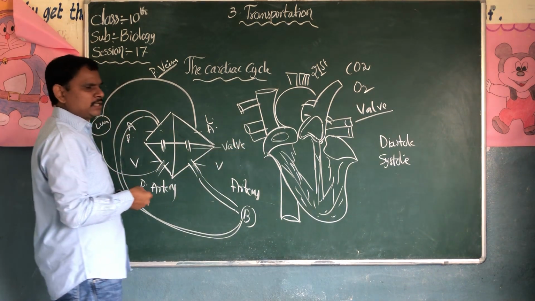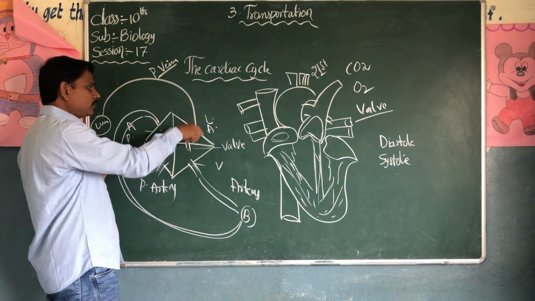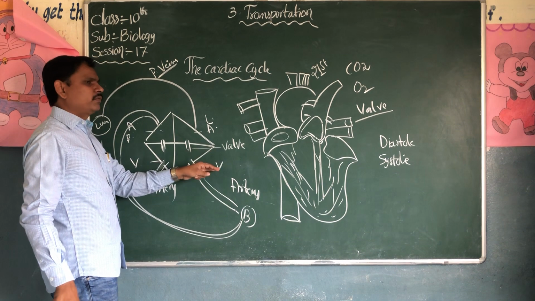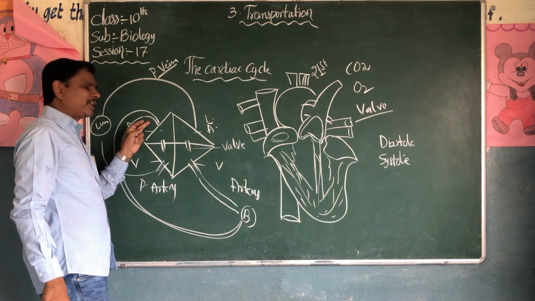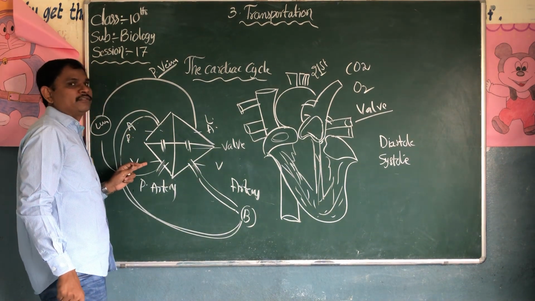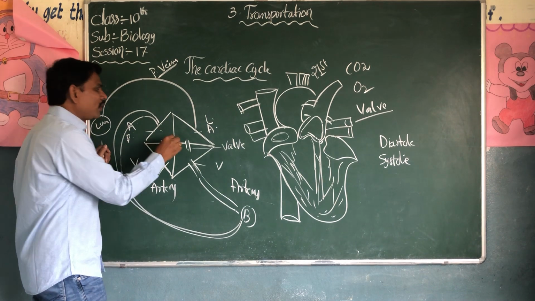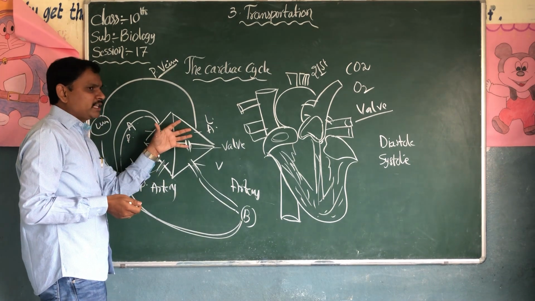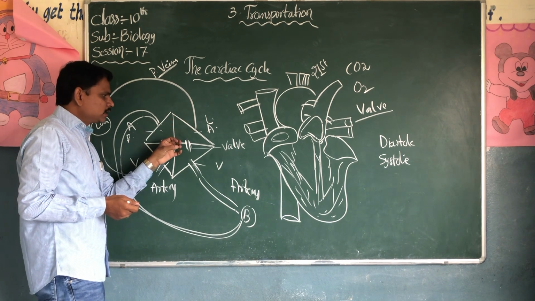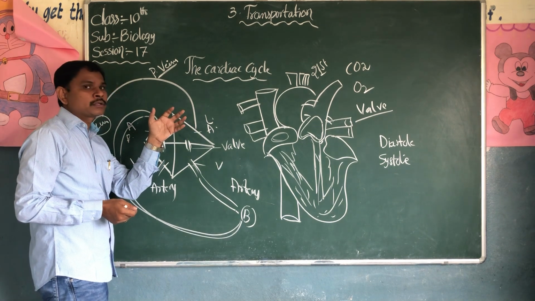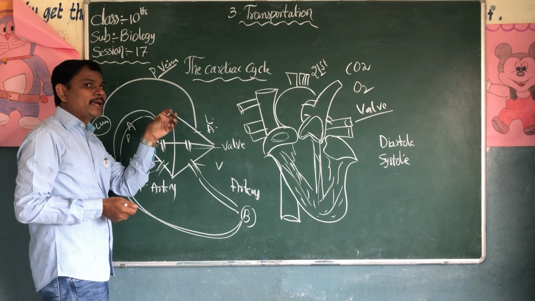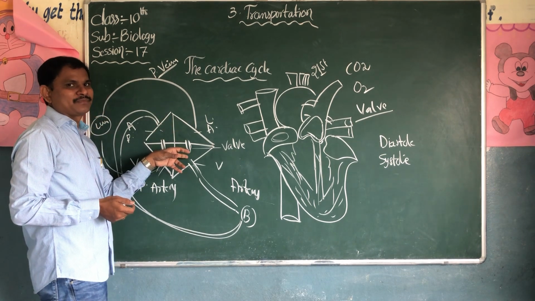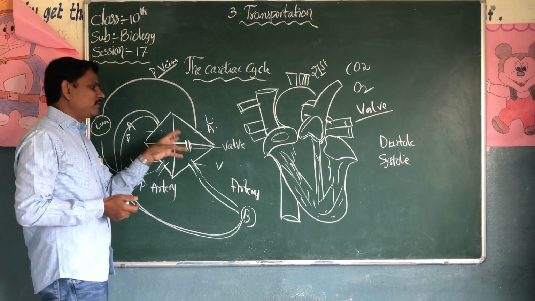Through this valve, the blood flows from the left atria to the left ventricle, and from the right atria to the right ventricle. So when the atria are contracting, these valves are opening, and when the valves are open, the blood flows into the ventricles.